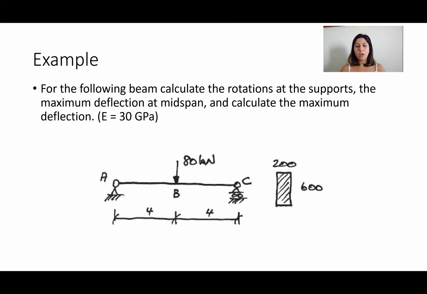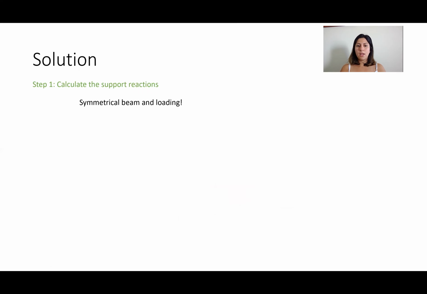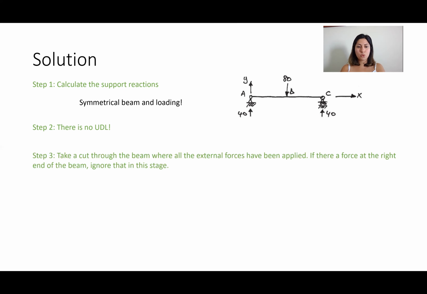So you can find Ay and Cy from this symmetrical situation, which is 40 kilonewton and 40 kilonewton. Then step 2 was about UDL, and in this case, we do not have any UDL applying on our beam, so we are not worried about that. So we just skip step 2 and go to step 3.